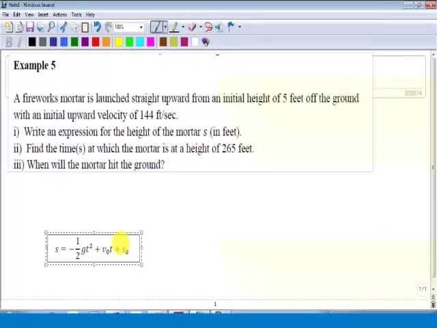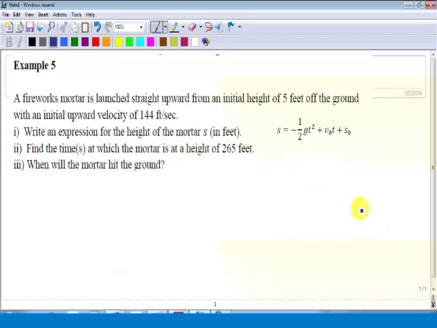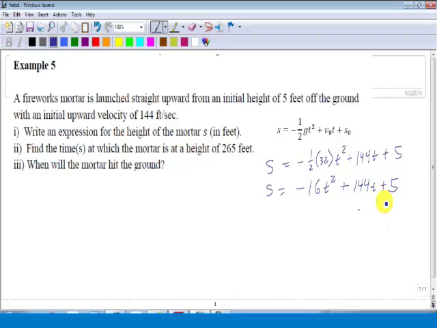It's not a physics class, so this is a formula that I do not expect you to memorize. More than likely, what you'll see is S equals negative 1/2 times 32 t squared plus 144 t plus 5, and simplifying just a little bit, negative 16 t squared plus 144 t plus 5.